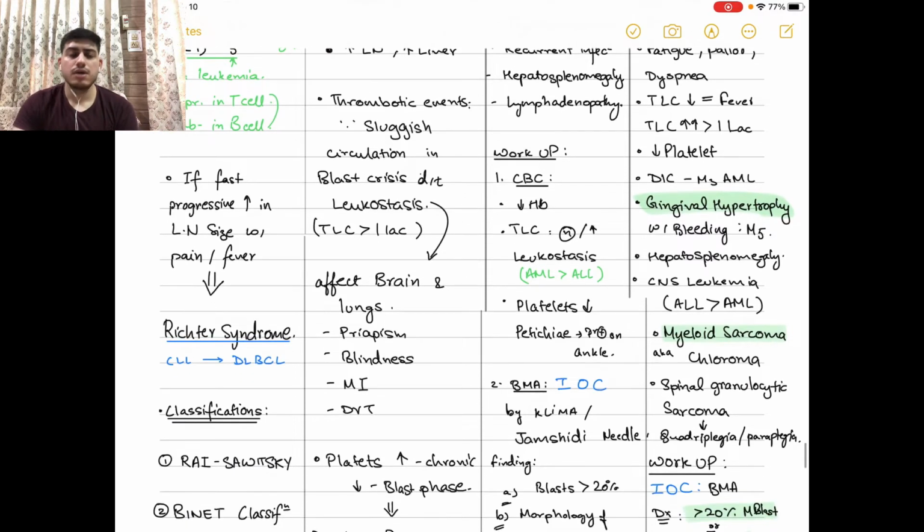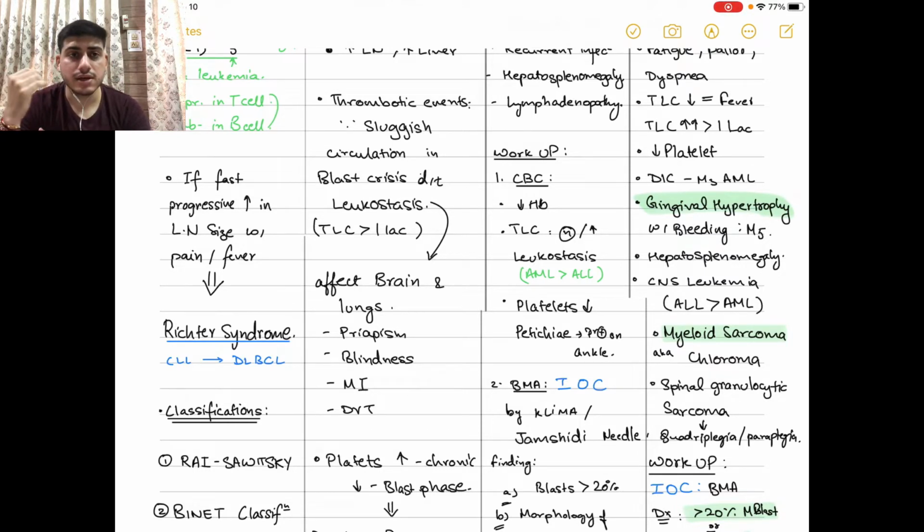Along with that, there will be thrombotic events. Why will there be thrombotic events? Not because the platelets have increased in size, but because in blast crisis there is a term called leukostasis. What is leukostasis? When the leukocytes increase in number, more than 1 lakh, when they are supposed to be in a range of 4 to 11k, they exceed the limit.